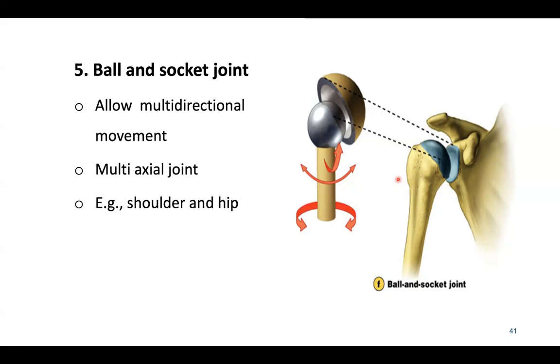There are 2 ball and socket joints in our body: the shoulder and hip joint. They allow flexion and extension, abduction and adduction, internal and external rotation, and also circumduction. Circumduction is a circular movement that involves flexion, extension, abduction, and adduction. So ball and socket joints are highly movable joints.